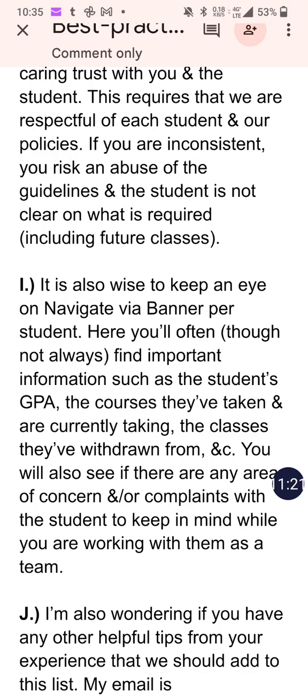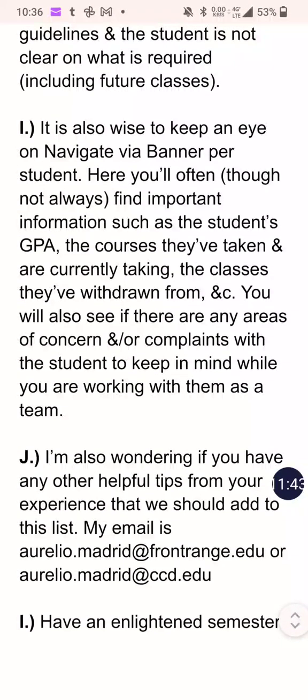So likewise, it's also wise to keep an eye on Navigate by way of Banner per student. This also is where you'll find, not always, important information such as the student's GPA, courses they've taken and are currently taking, classes they've withdrawn from.